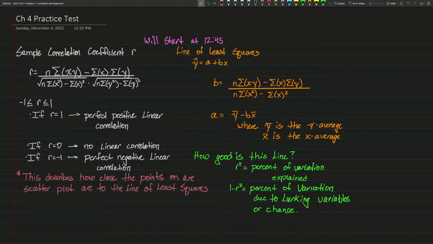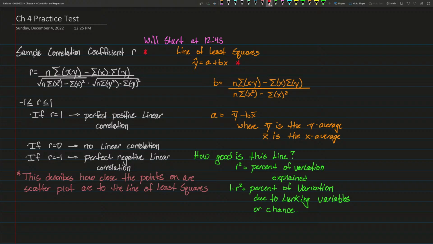And there's a couple of really important things about linear regression, which you can see up on your screen right now. Okay, so this entire chapter is dedicated to finding this line of least squares. There's a couple of things that we need to know how to do. We need to be able to find our sample correlation coefficient R, which basically tells us how close our scatter diagram is to a perfect line, right?